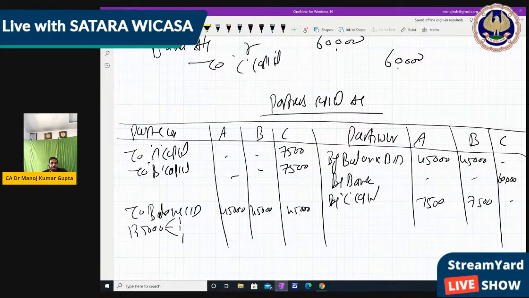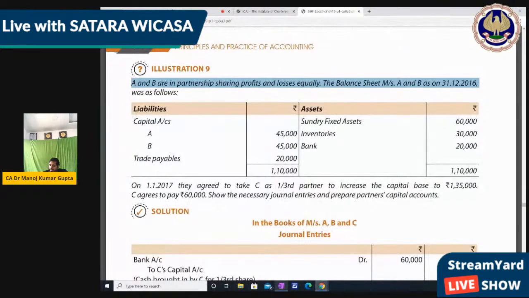So their balance carried down is 45,000 each. Is it clear? Perfect. Now the balance we had found already, and the general entry we had already passed. Prepare the partners capital account. So the partners capital account is ready.